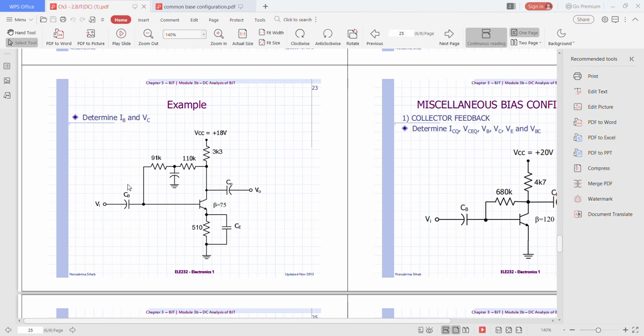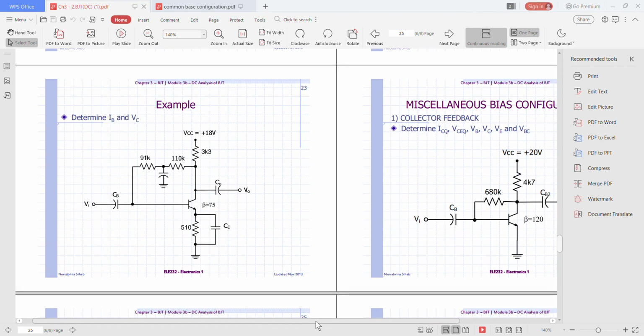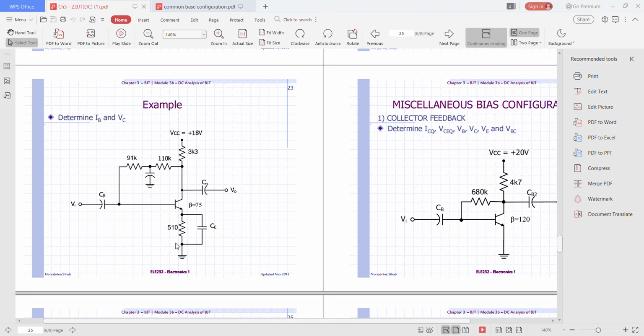So this is the example of voltage feedback, DC bias voltage feedback. You guys can determine the value of IB and VCE. Remember, during DC analysis, all capacitors must be open circuit.